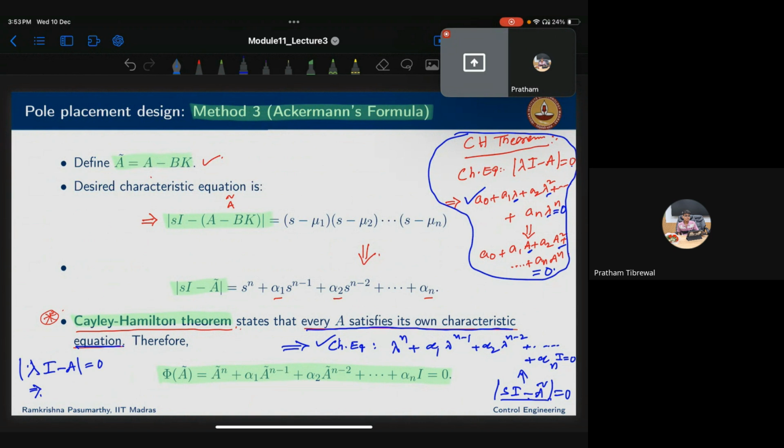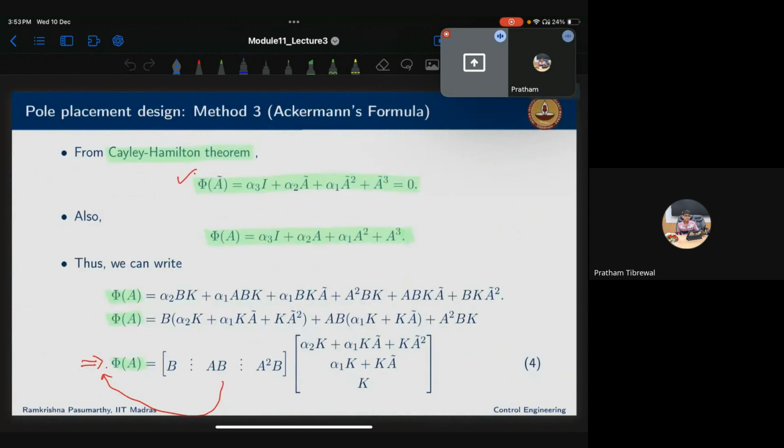Then just replace delta with the A matrix. This equation is nothing but phi of delta. Replace delta with the A matrix, and that is your phi of A.